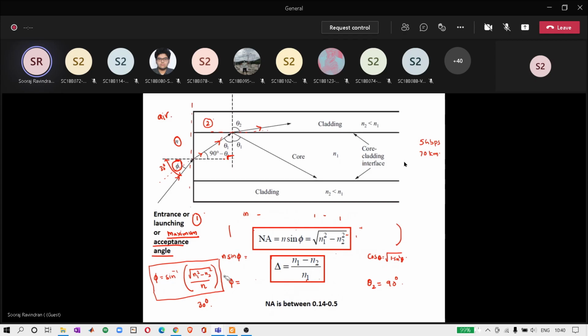we can define a parameter which is called the numerical aperture of an optical fiber. That's a very important parameter of an optical fiber. NA, what I have written here, is called the numerical aperture.